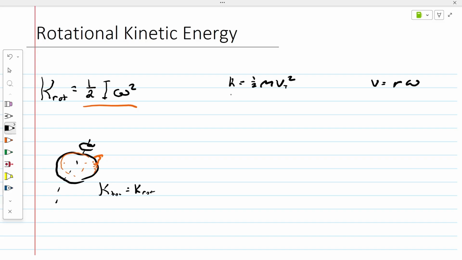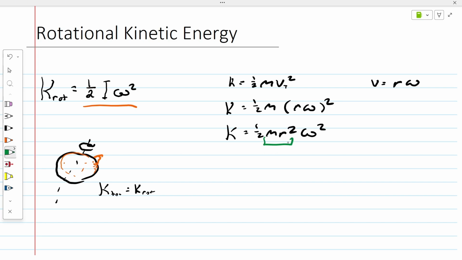If we substitute that in, we have K equals 1/2 m (r omega) squared. Distributing the square, we get 1/2 m r squared omega squared. You may notice that this m r squared simply equals I. So we get K equals 1/2 the rotational inertia times the angular velocity squared, and that's what we have right here.